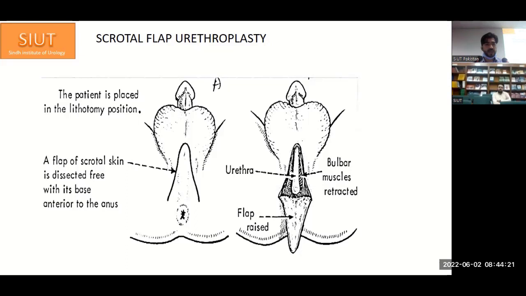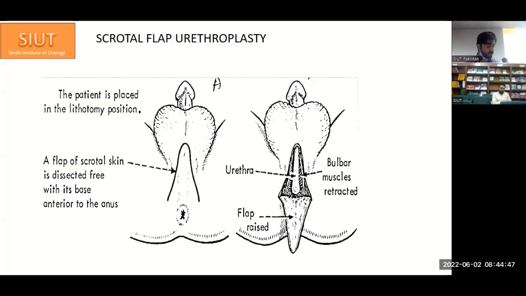Scrotal flap urethroplasty. Basically, the patient is placed in a lithotomy position. The flap of scrotal skin is dissected, freed from the base anterior to the anus. And this is the urethra. Bulbar muscles are retracted.